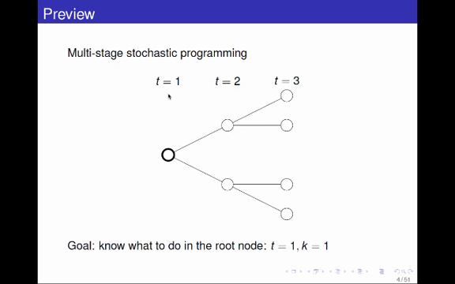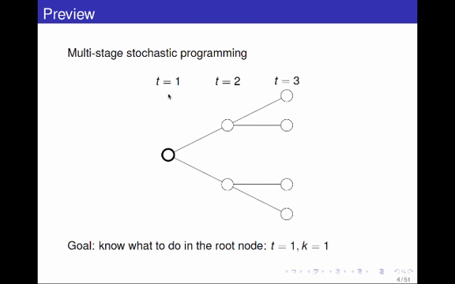So here you're looking at a three-stage problem. The circles represent scenarios of what could happen. And the way I'm going to number the scenarios is top to bottom, and every time I move to a new time stage, I start from 1. So for period 1, this is scenario 1. For period 2, this is scenario 1, scenario 2.